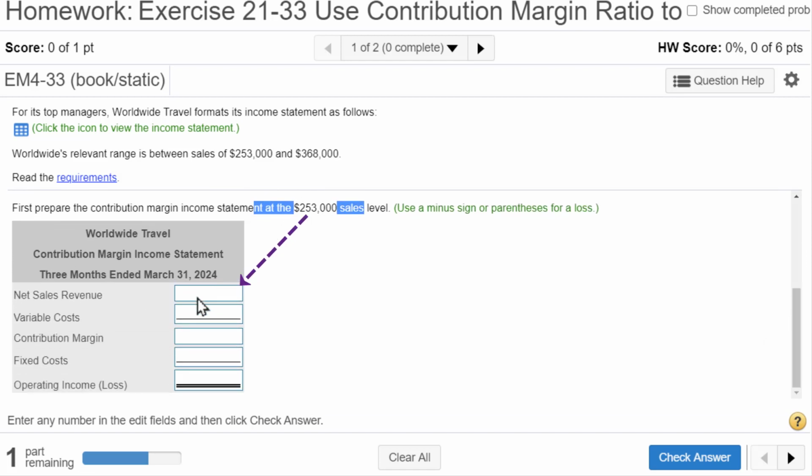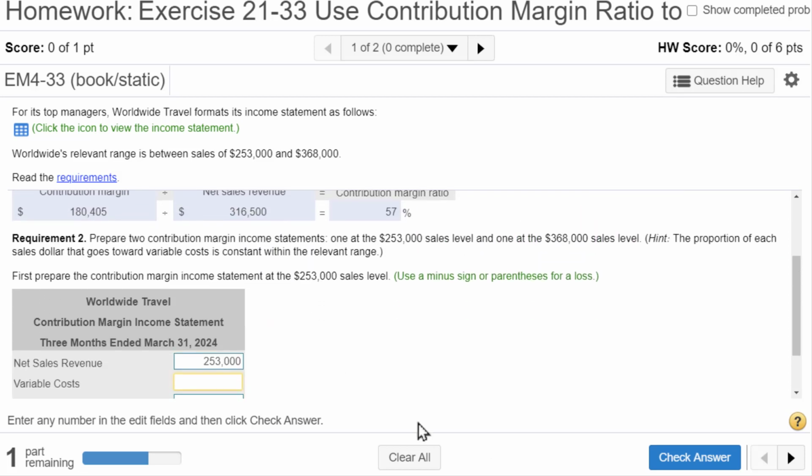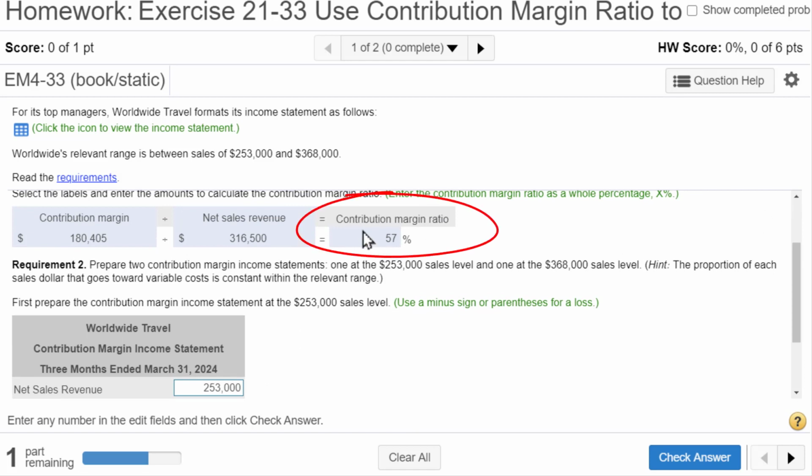So I'm going to plug in 253,000. So we're going to use this contribution margin ratio of 57% to calculate our contribution margin down here. So remember, at a sales level of 316,500, we get this much contribution margin, which is 57%.